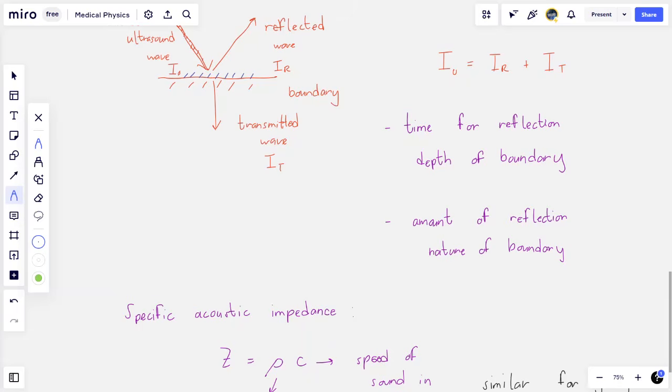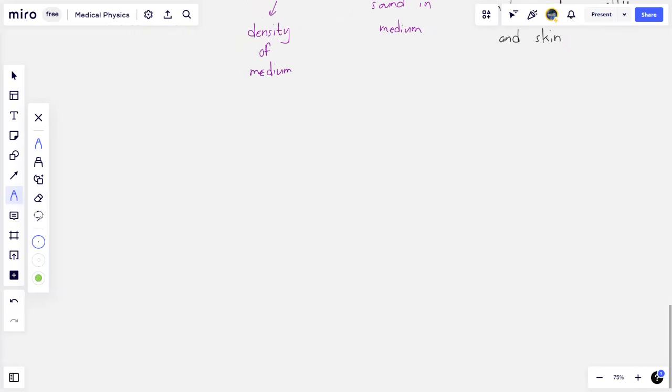If it wasn't for the water-based jelly, the dry contact between the device and the skin actually allows for quite a bit of reflection. So the water-based jelly just makes the image much clearer. And then we learned about something called the reflection coefficient. Hugely important, because if we know the reflection coefficient for different boundaries, then we know what boundaries we are dealing with.